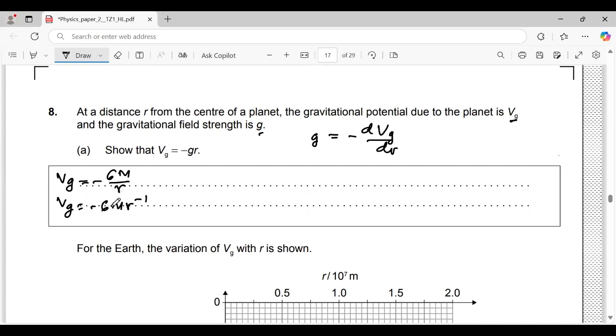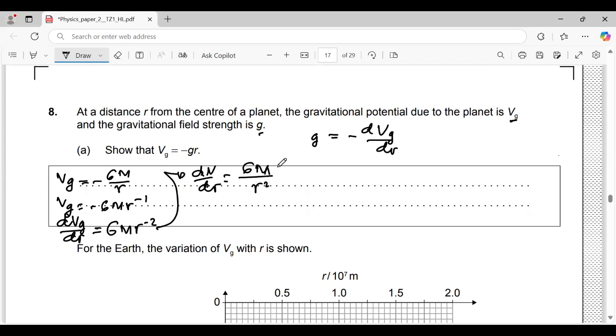Now, differentiate Vg with respect to r: dVg/dr equals minus 1 times minus 1, positive 1, GM r to the power minus 2. Or I can write dVg/dr equals GM over r squared.